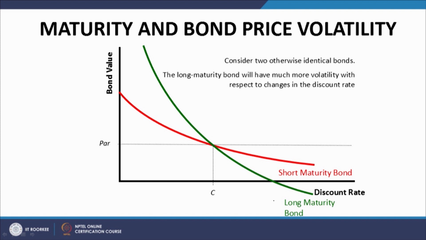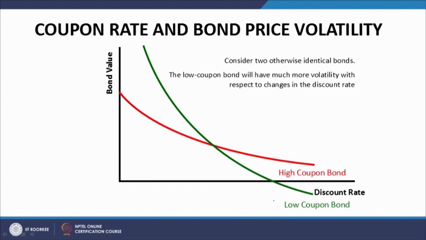You can clearly see that the steepness of the red curve is much less than the other one, and as a result what we infer is that the long maturity bond has greater price volatility compared to the shorter maturity bond. And here is the relationship between the coupon rate and the price volatility.